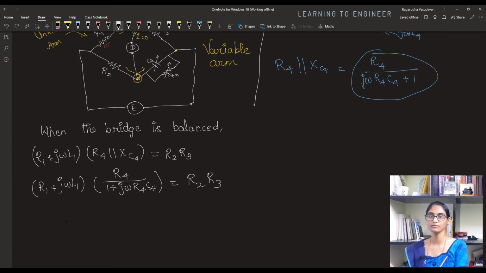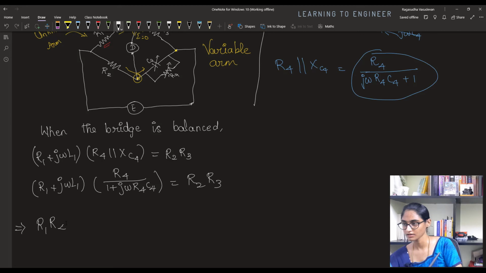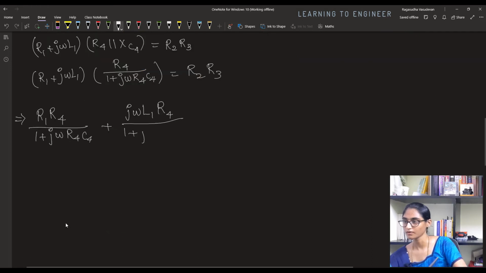There is no imaginary part on the right side, so it's even simpler now. So R1 into R4 divided by 1 plus j omega R4 C4, plus j omega L1 into R4 divided by 1 plus j omega R4 C4, is equal to R2 multiplied by R3.